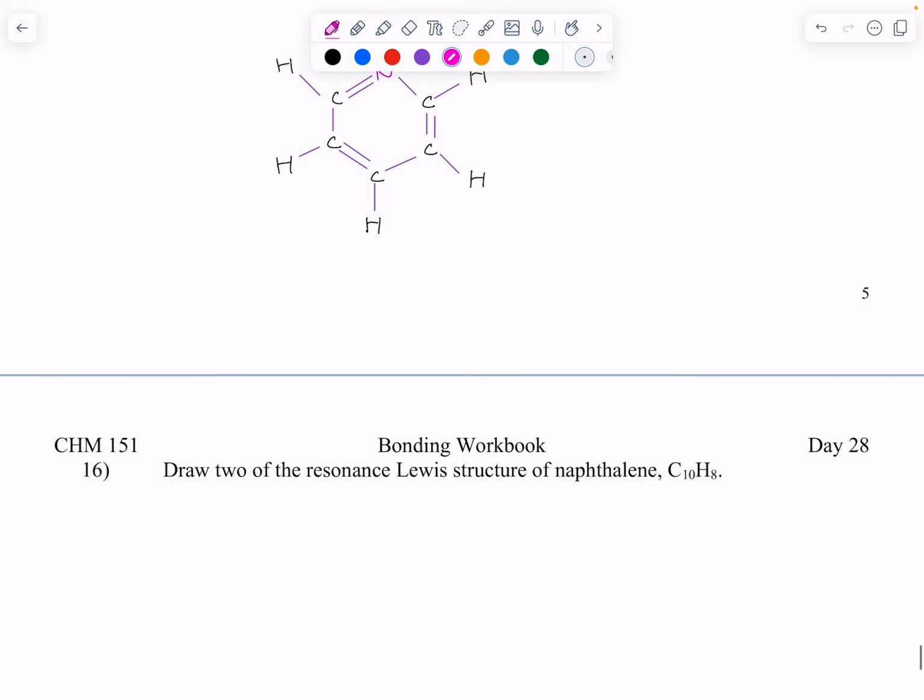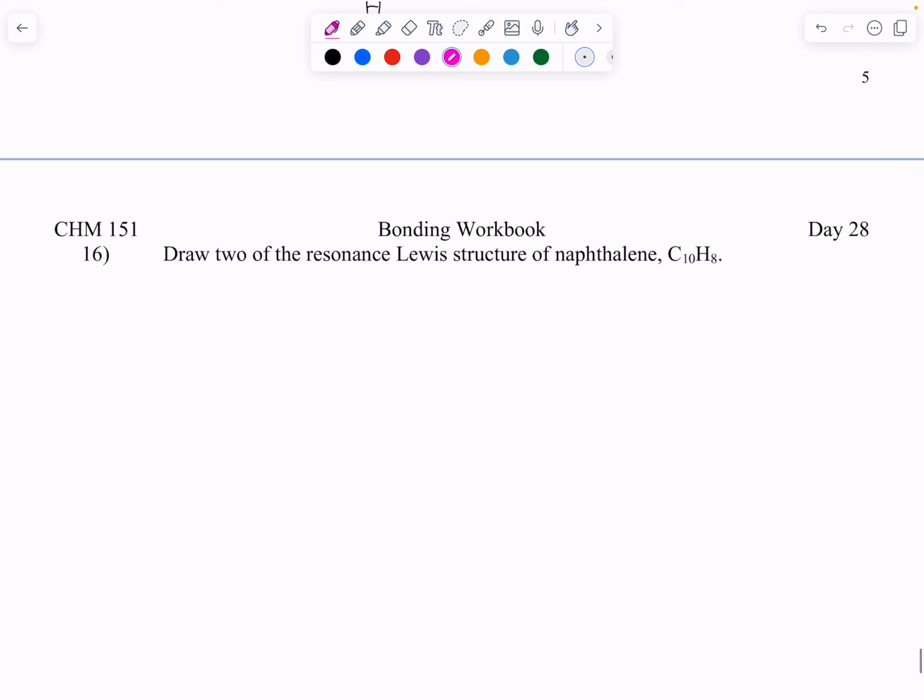And then there's 3 resonance structures of this, and this is naphthalene, C10H8. And so you have 10 times 4 electrons plus 8 times 1 electron, for a valence total of 48 electrons. Again, tough, but if you look, you got carbon, carbon, carbon, carbon, carbon, carbon, carbon, carbon, carbon, carbon. There's your 10.